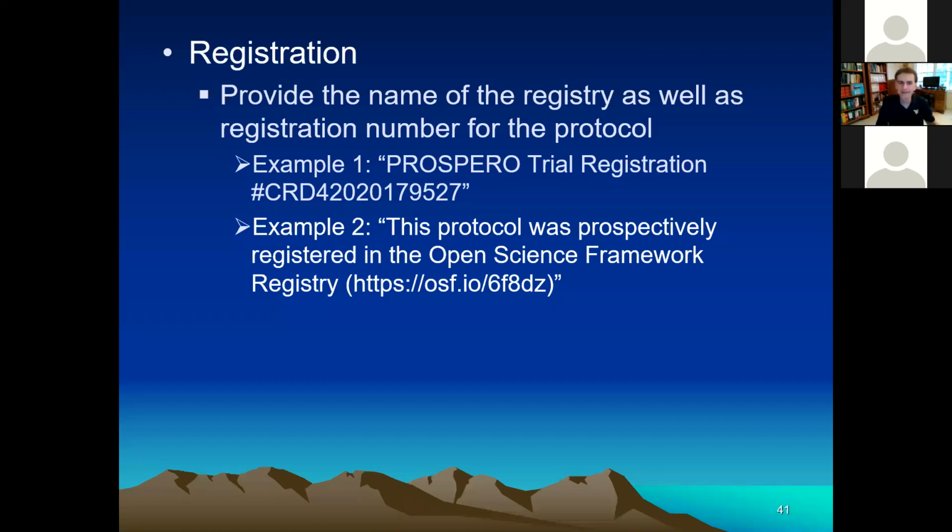Okay. Este también es un ejemplo cuando ya se registró el protocolo y se va a publicar en una revista. Él sugiere que en la parte de métodos, al puro inicio, se ponga esta frase donde dice que este protocolo se registró y poner la base de datos a donde se registró o el lugar, más el número de registro.